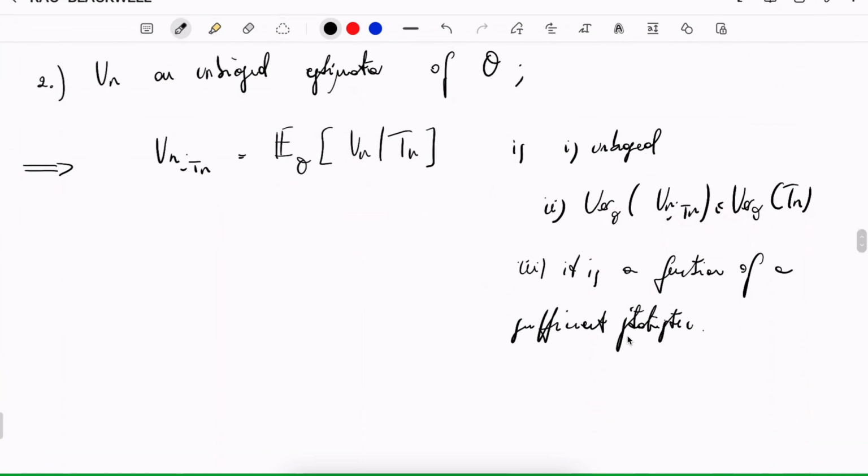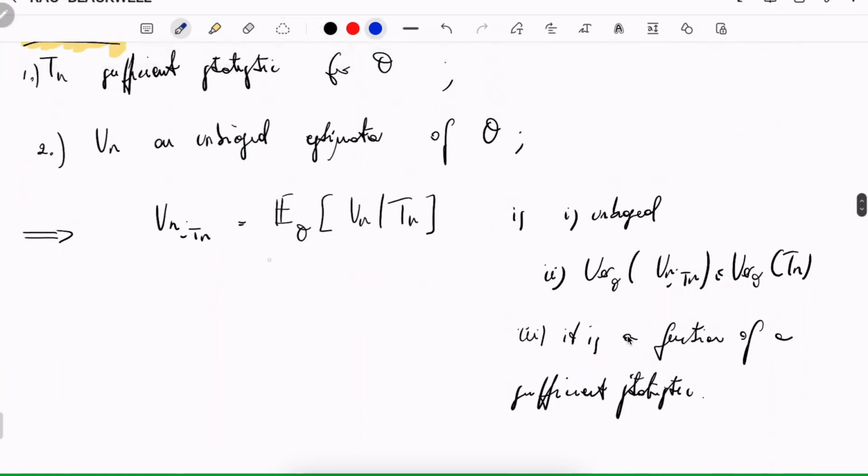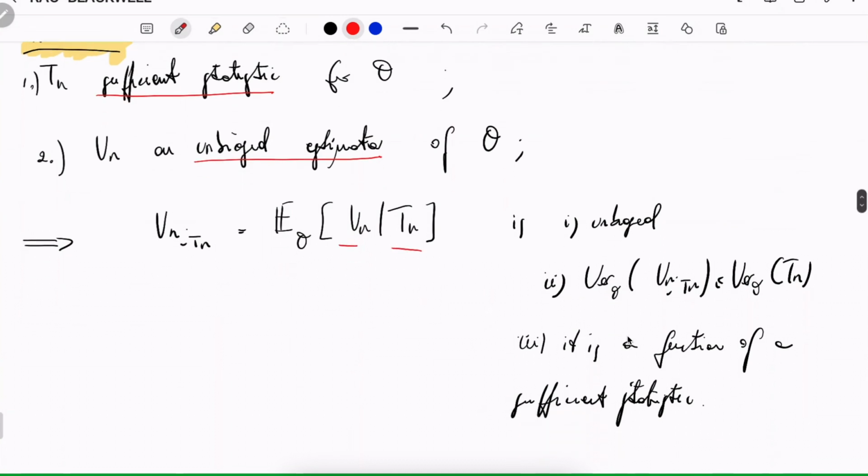Basically what we're saying here is, if we have a sufficient statistic and an unbiased estimator, and we take the conditional expectation of the unbiased estimator, then we still have an unbiased estimator, so the unbiasedness is preserved.